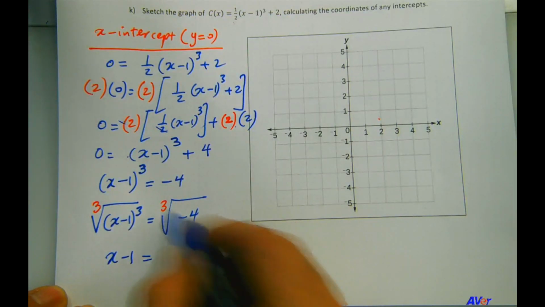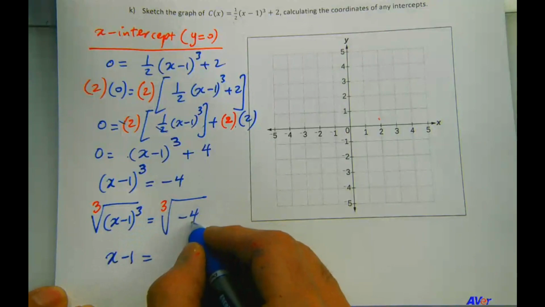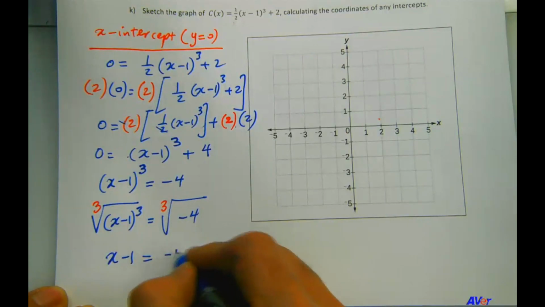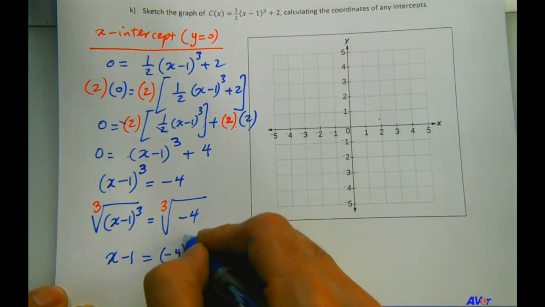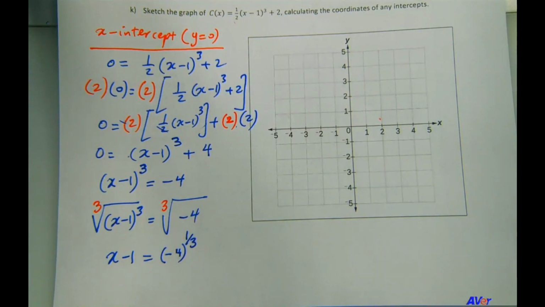On that side, we have third root of minus 4, which is the same thing as minus 4 to the 1/3 power. These two are equivalent forms. We learned that when we reviewed in chapter 1 the properties of radical expressions.